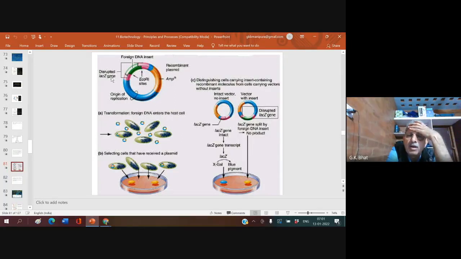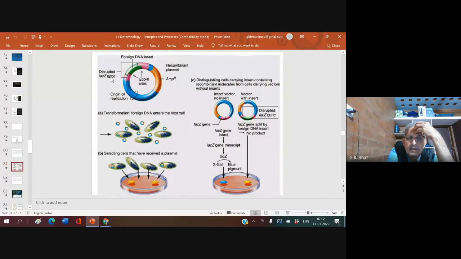Why lac Z gene? Lac Z gene is considered what? Have you heard about the lac Z gene? Anyone? Have you studied it? It is concerned with the coding for. Can you remember, Vismita? Have you heard about this gene before?